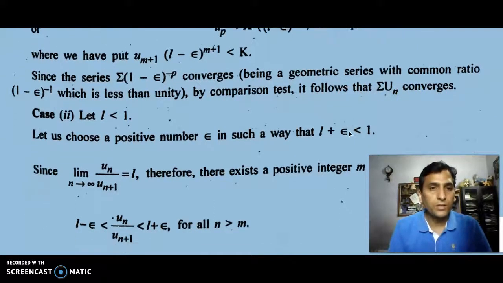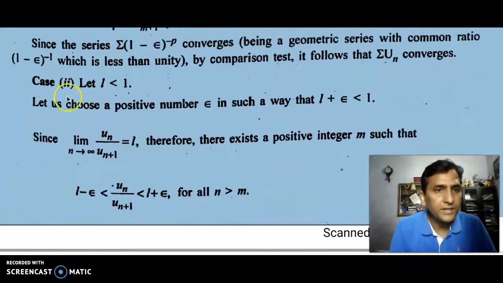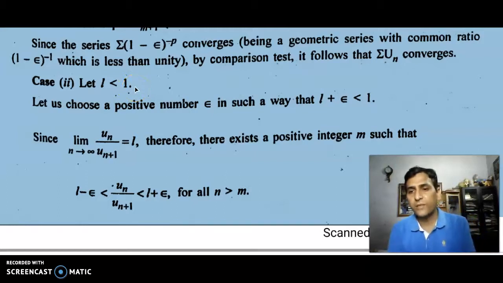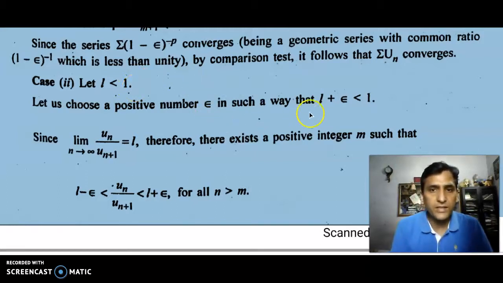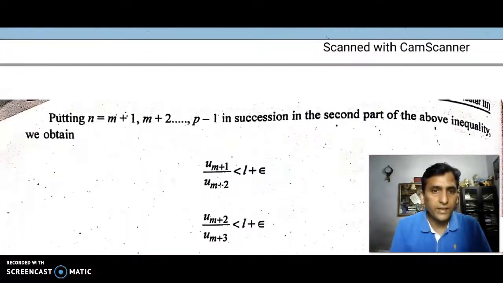This is part 1. Now the second part, case 2, is when L is less than 1. Again I choose some positive number epsilon such that L plus epsilon remains less than 1. It is possible. Again I apply the same definition as we did earlier, but this time I take the right-hand side of the inequality, which holds for n greater than m.